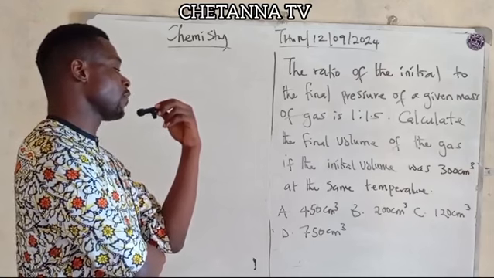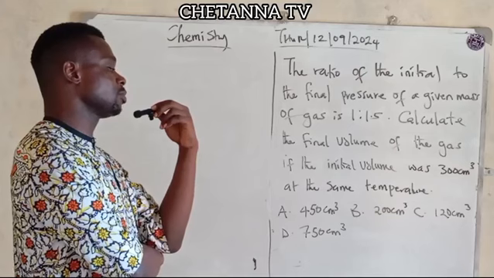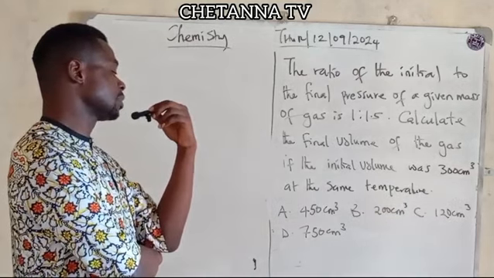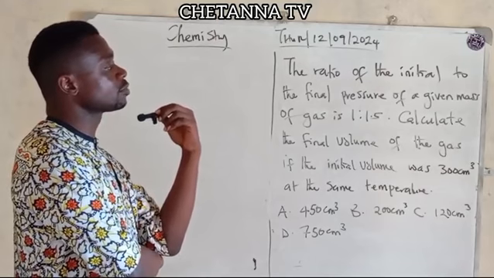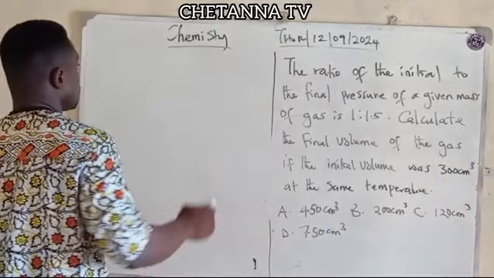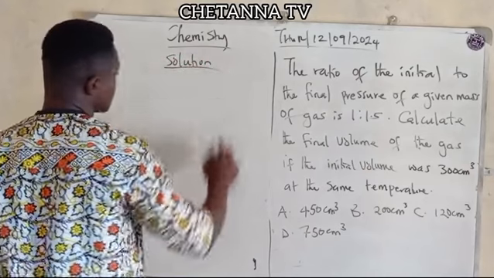A. 450 cm cube. B. 200 cm cube. C. 120 cm cube. D. 750 cm cube. Which law? Boyle's law. Thank you.